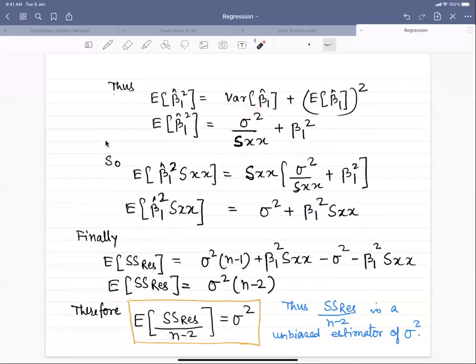So I'm using this and directly writing the expectation of beta 1 cap square is equal to the variance of beta 1 cap plus the expectation of beta 1 cap, and the square of it, right? So I'm using here the variance formula. What is that variance formula? That variance formula is: variance of x is equal to the expectation of x square minus the expectation of x, and then squared.